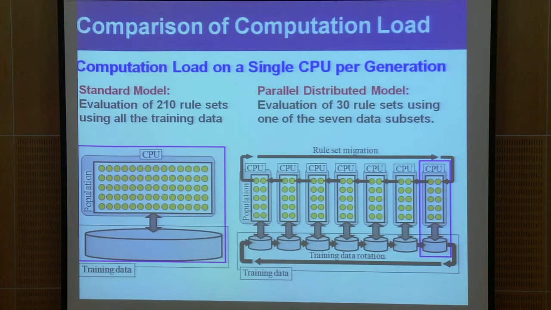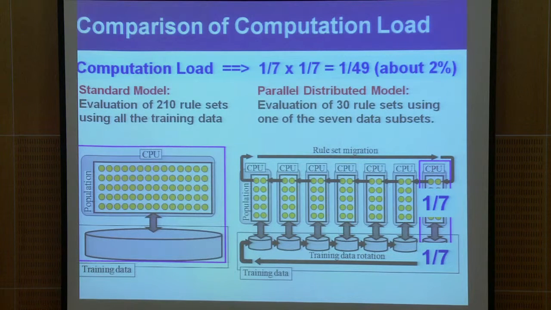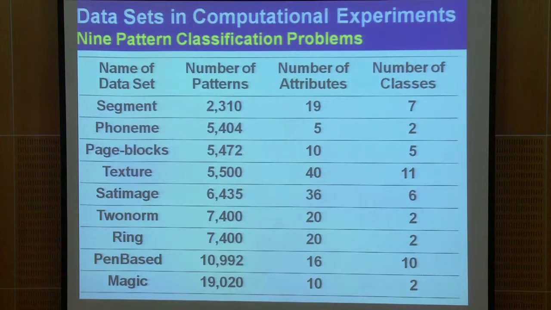We applied these two models, standard model and parallel distributed model, and computation load will be about 2%. So I examined whether this reduction was actually achieved.